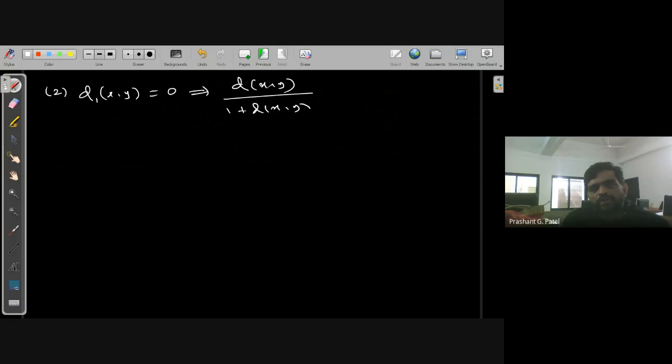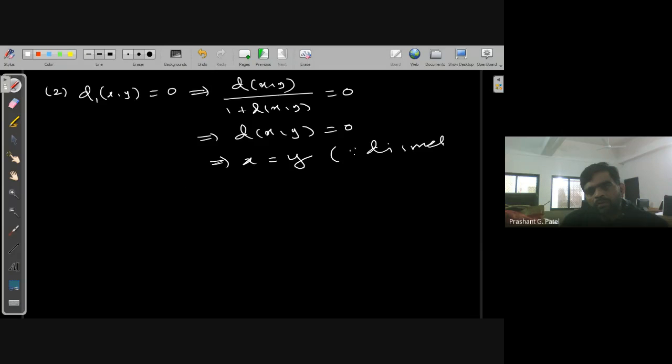For the second one, I'll start with d1 of xy equal to 0, which implies that d of xy upon 1 plus d of xy is equal to 0, and which says that d of xy is equal to 0. So which implies that x is equal to y, because d is a metric. Similarly, conversely also we have the same thing.